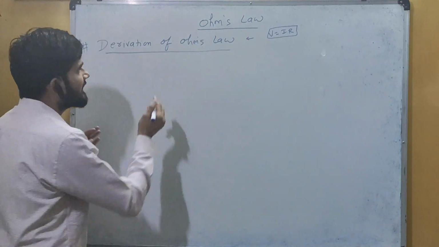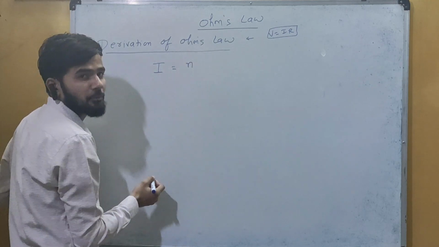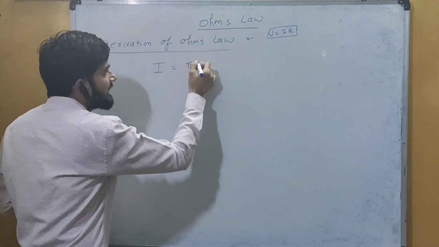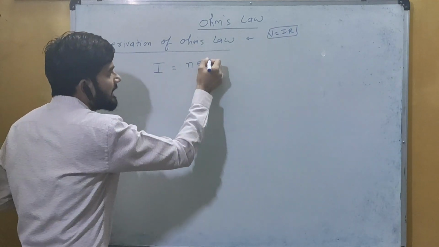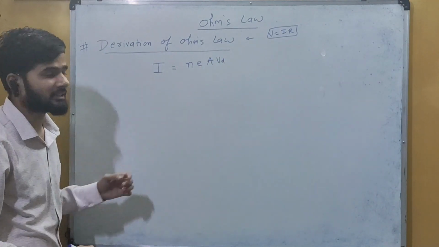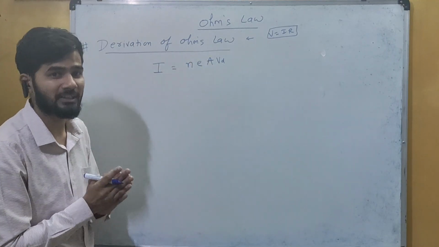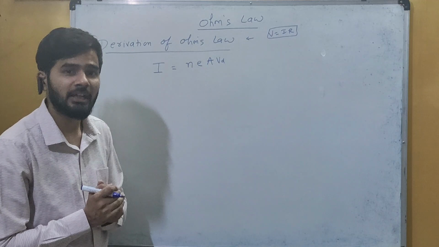Let us consider the current flowing through a conductor. It depends upon the electron density, the charge, the area of the conductor, and the drift velocity. This we have seen, the relation between current and drift velocity: I is equal to NeAv_d.